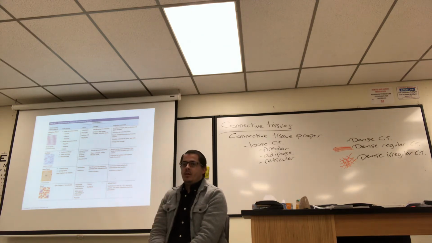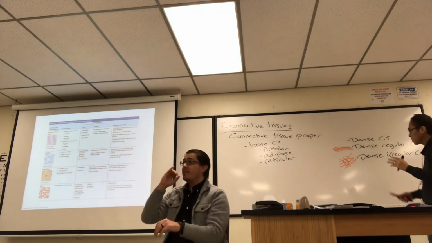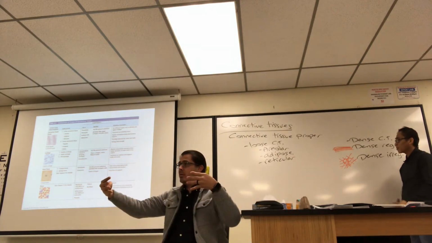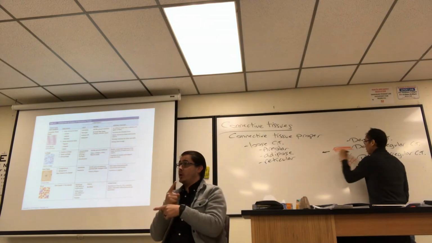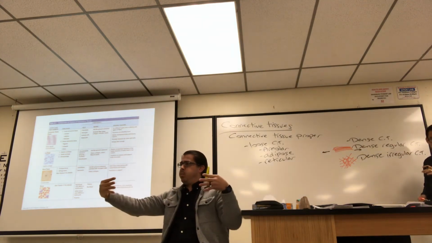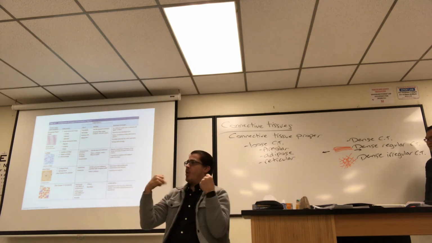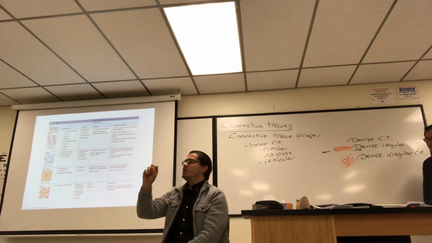So the orientation of the fibers is important. Because if all the fibers are oriented the same way as in dense regular, and you pull in that same orientation, you're very good at resisting that pulling force. They call it tension. Tension is a pulling force in physics.